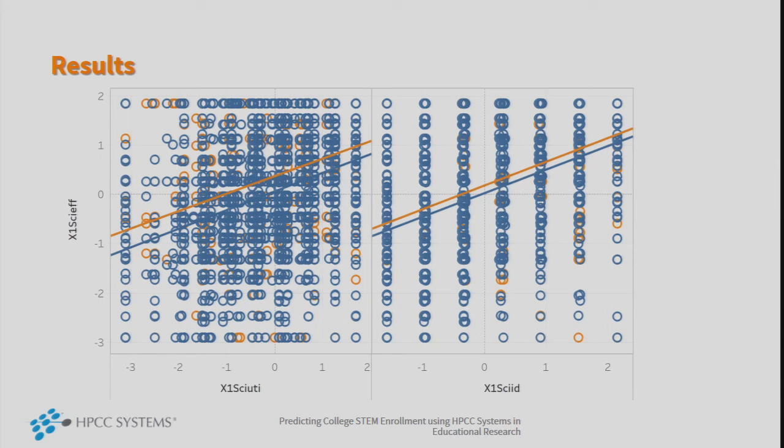So I would wonder why a student who has a very high science utility and very high science self-efficacy does not want to enroll in STEM. And of course, it would be natural that a student that has a very low science utility and science efficacy would not enroll in STEM, but I would have expected to have more orange data points at the upper right corner.